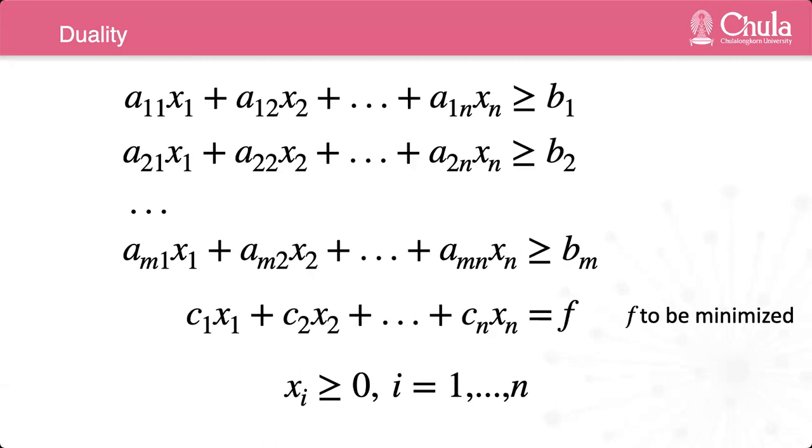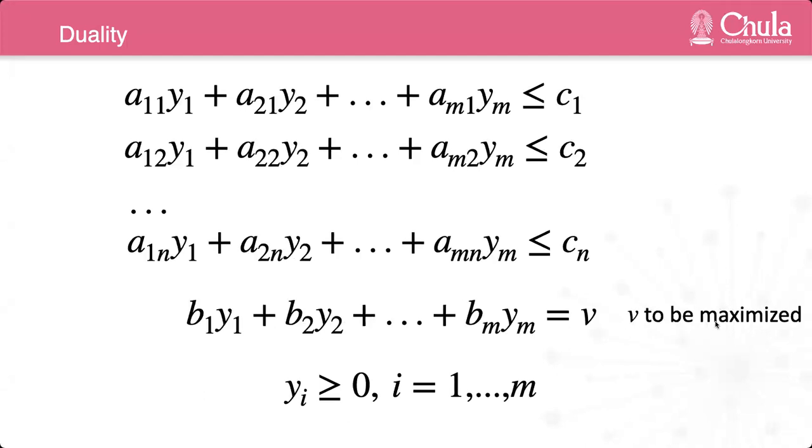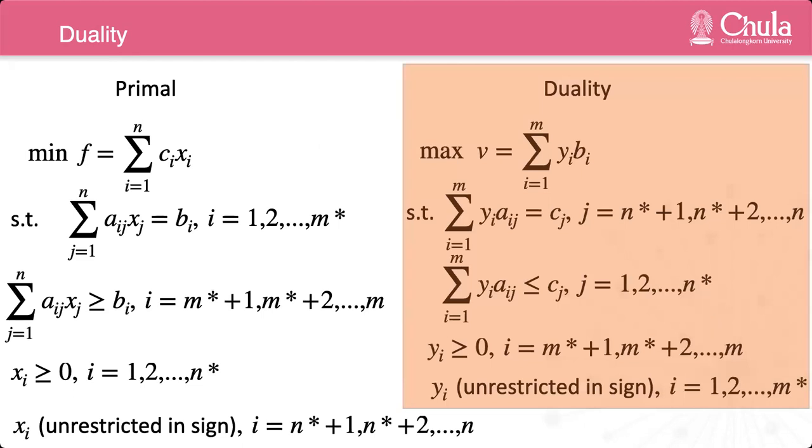And the next one: in the primal, f is to be minimized. However, the objective function of the dual is to be maximized. Now we compare the primal and the dual. On the left hand side is the minimization of this objective function, the summation of the Ci xi, right?